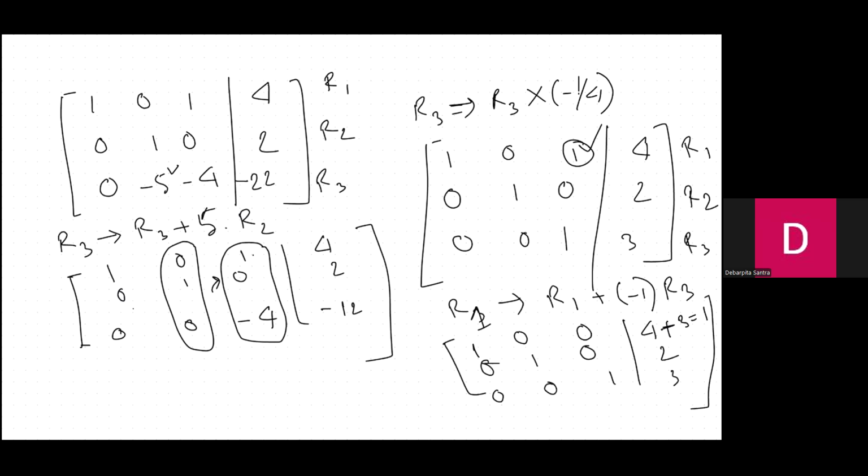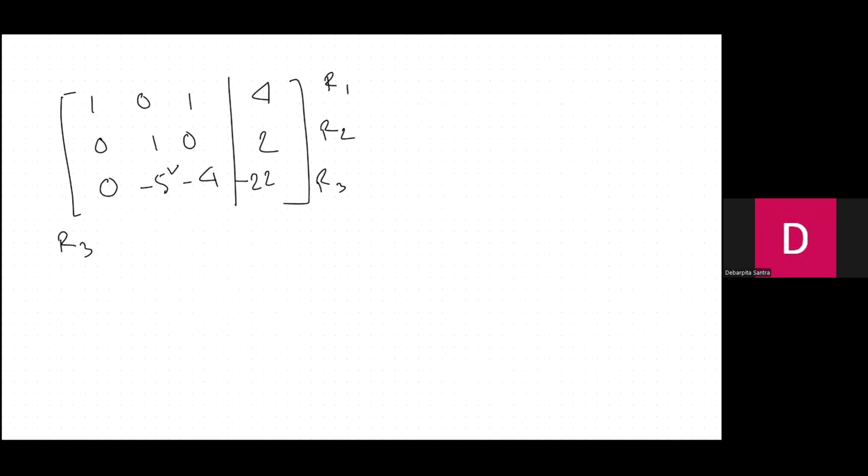Let me just clean this, and what we find as the final matrix, let me write down. So it will be like 1, 0, 0, 1, 0, 1, 0, 2, 0, 0, 1, 3.